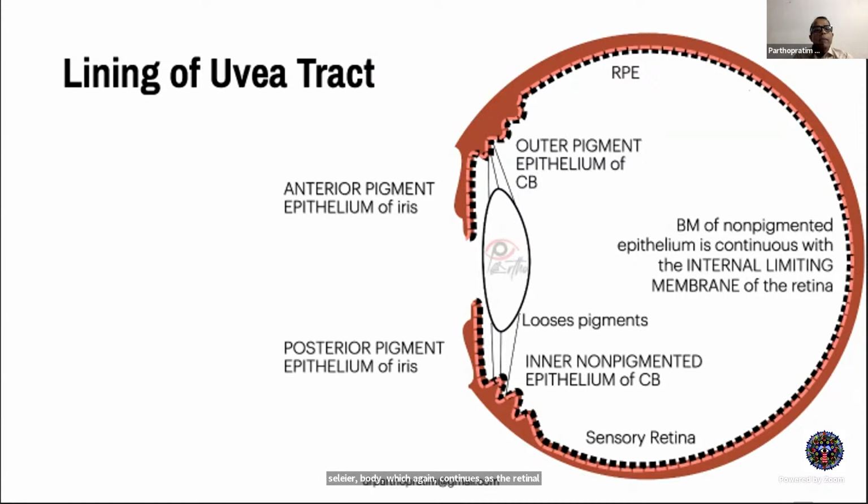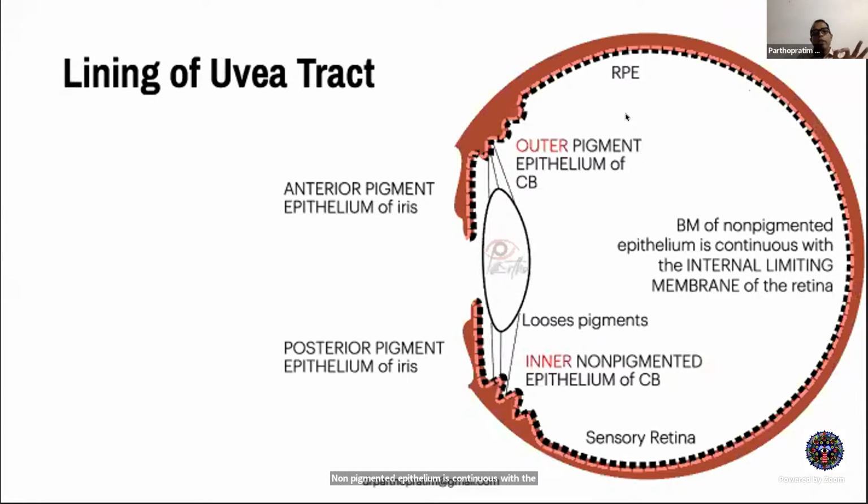Next is the posterior pigment epithelium of iris, which continues as the inner non-pigmented epithelium of ciliary body and continues as sensory retina. So you have to remember here, the basement membrane of the non-pigmented epithelium is continuous with the internal limiting membrane of the retina.